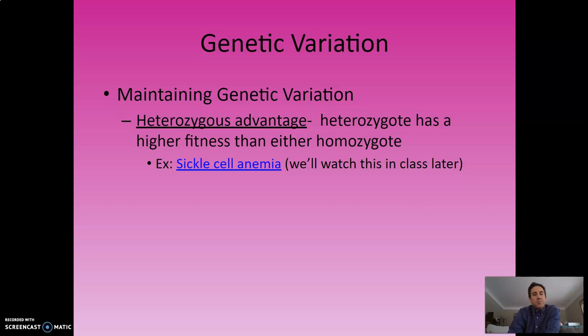And so in areas where malaria is a problem, that recessive allele sticks around more than you'd expect, because in the heterozygotes it gives an advantage that it wouldn't give in the absence of malaria. So again, this video is very cool, and I would encourage you to watch it.